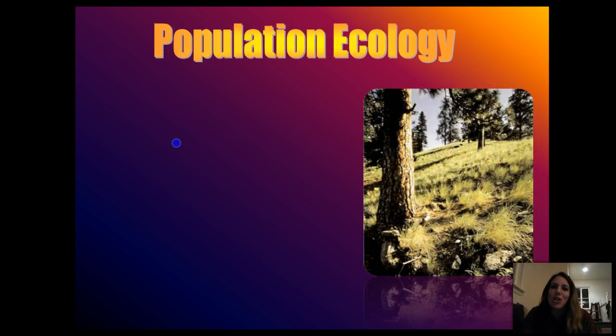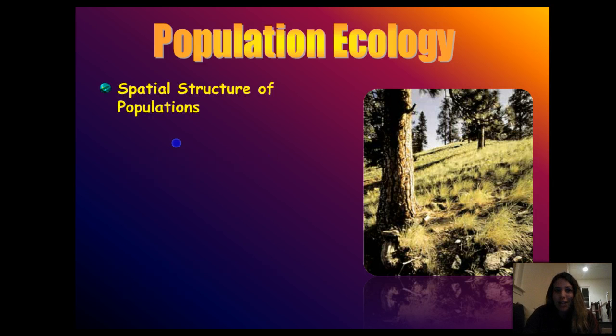Okay, so that's the ecological hierarchy, but again, we're going to start at the population level. So we're going to look at the field of population ecology. Now, lots of different awesome questions could be asked in the field of population ecology. One of the things population ecologists are interested in is the spatial structure of populations. In other words, we're interested in knowing where organisms within a population and among populations put themselves.